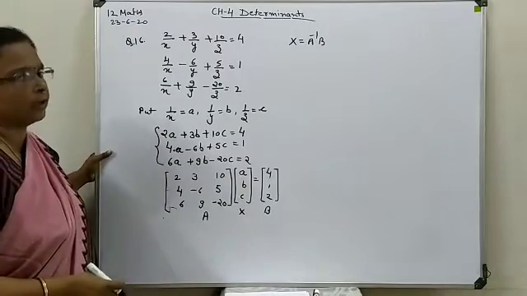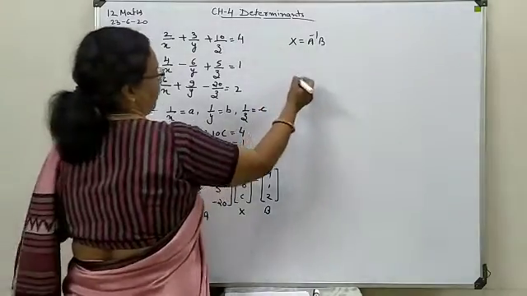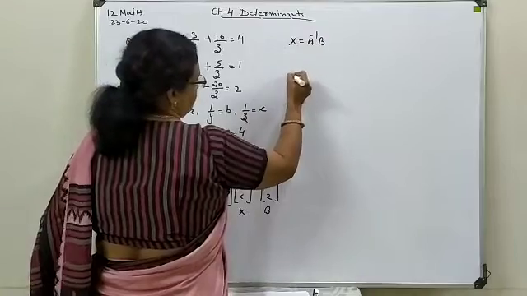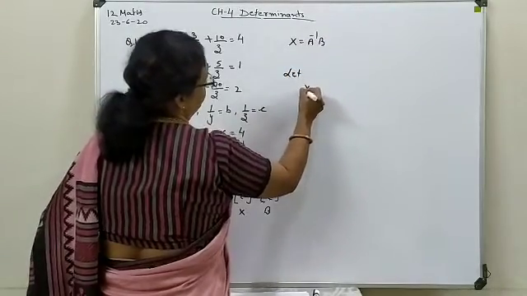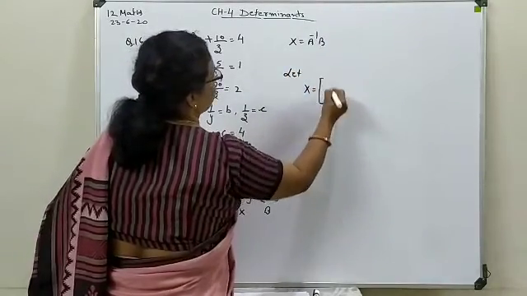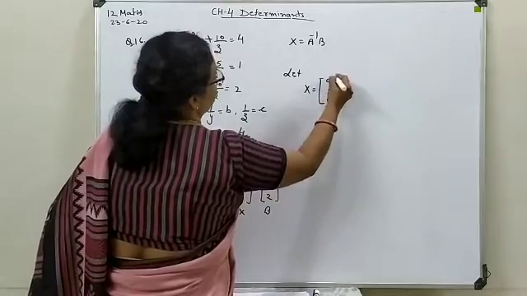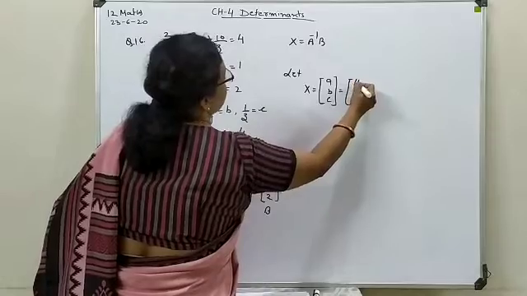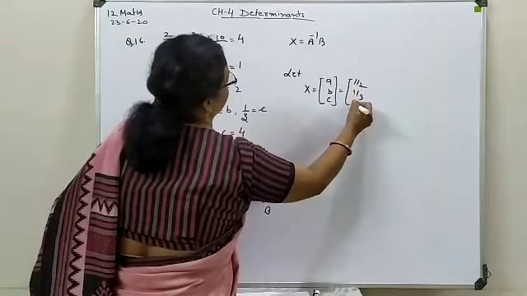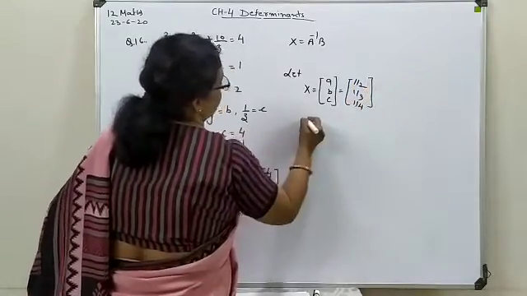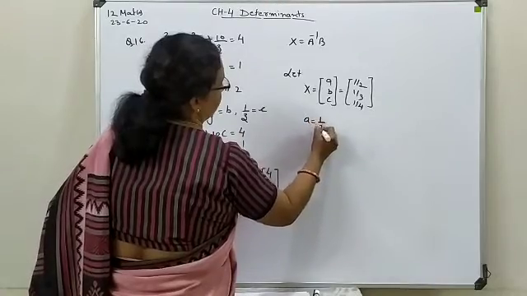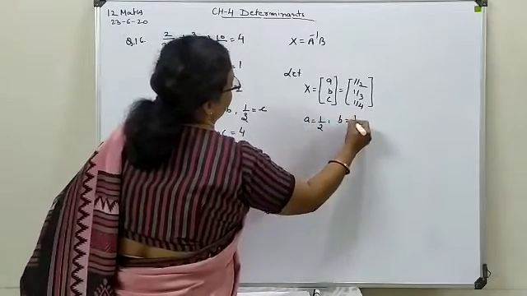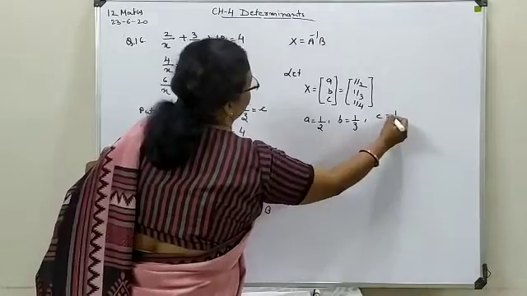You know very well how to find A inverse and take the product with B. Now suppose your solution in the form of X is coming as, it is not the actual answer, I am saying suppose that, 1 by 2, 1 by 3 and 1 by 4. So separately, in normal form, we write a as 1 by 2, b as 1 by 3 and c as 1 by 4.